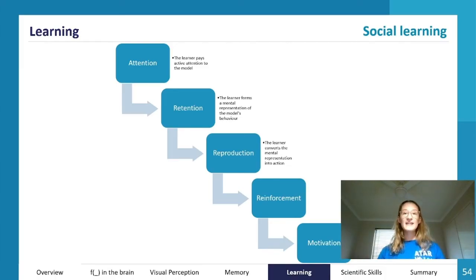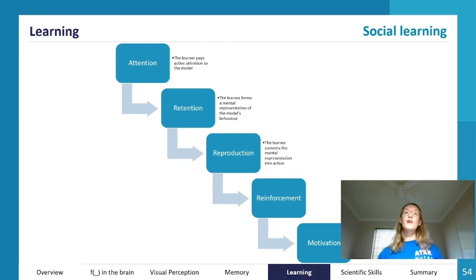It's linking back to our memory: how can we bring information from our short-term memory into our long-term memory? Well, we have to pay attention. It's the same with social learning. If we're not paying attention, we can't store the behavior in our mind, so we're not going to be able to repeat it.